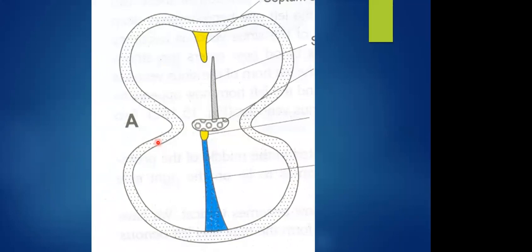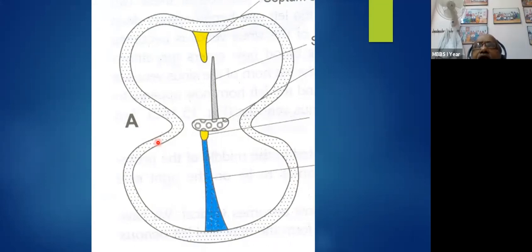Yes, very good. What is aortic sinus? How many are there? Sudha? Sir, aortic sinus is there in the aorta's wall, sir.